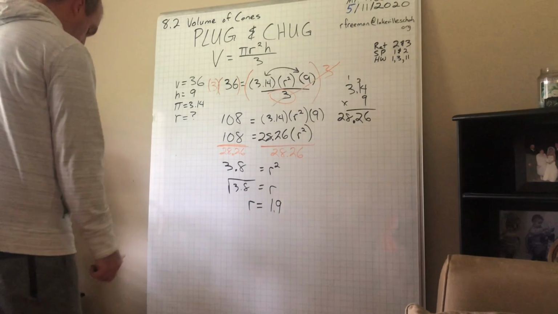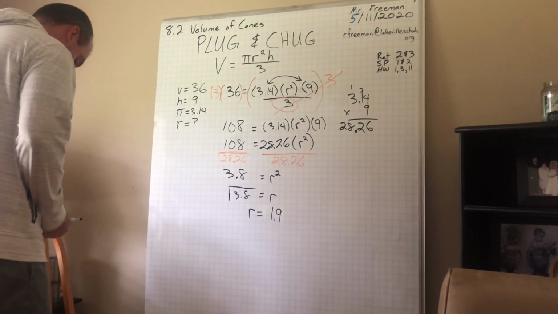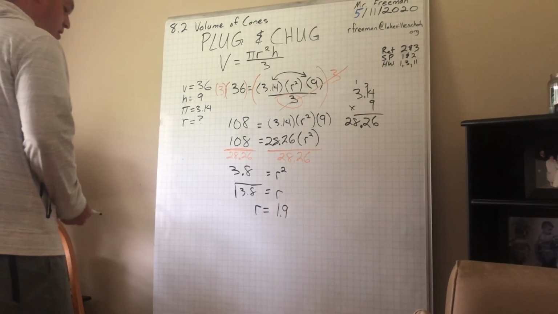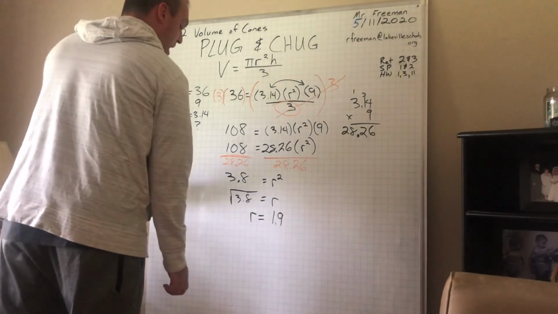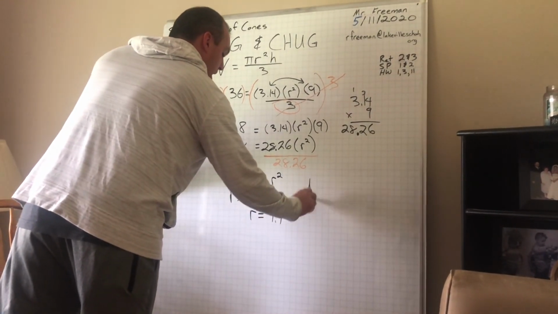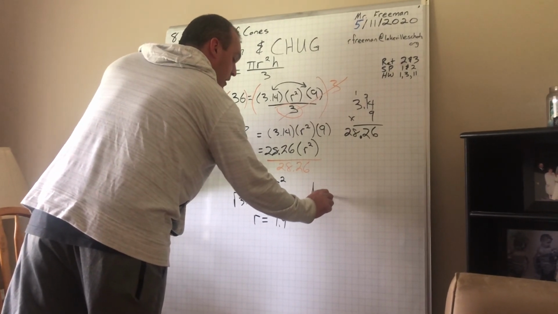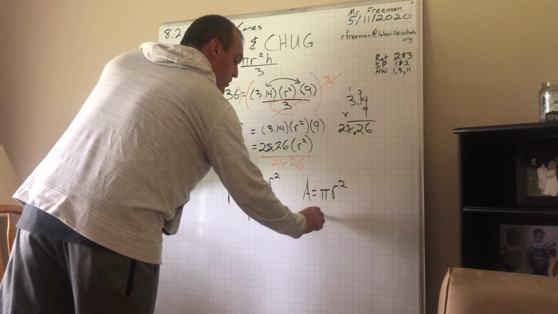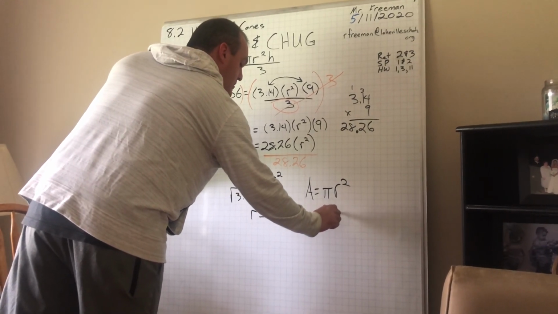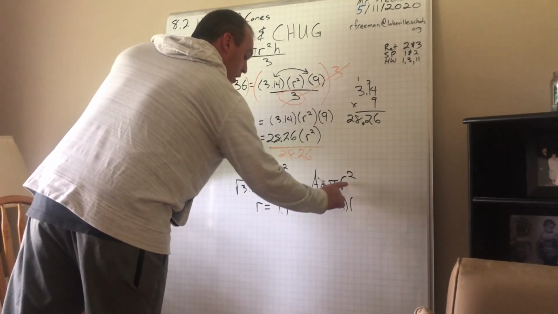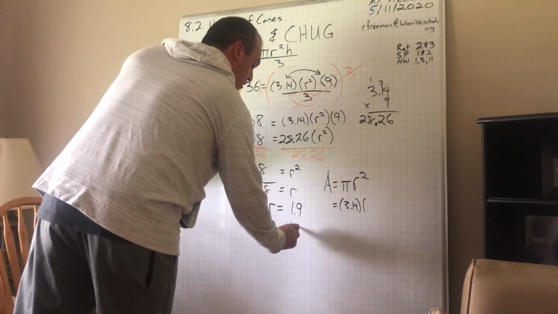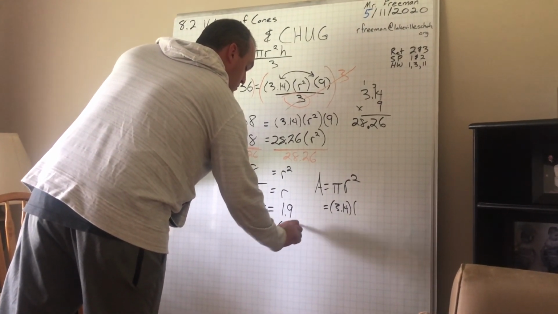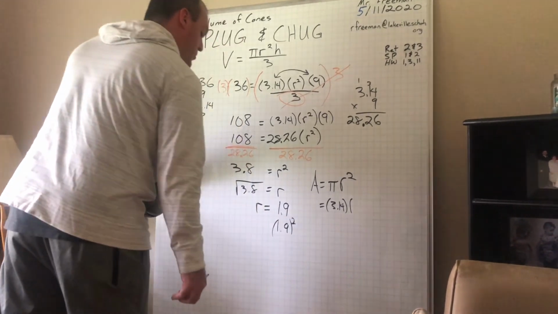Okay, and that's your objective on number 11, to find the area of the base of each cone. And so if I know my r is 1.9, and they want area of the base, area equals pi r squared. So we take pi, and boy in class, hang on and do this. r squared is 1.9 squared. 1.9 squared is what, 3.8?